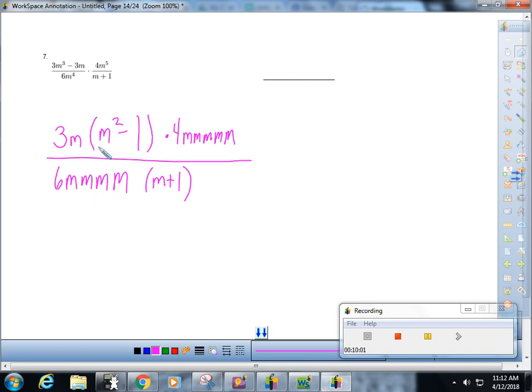This is called a difference of squares. Two numbers that multiply to be -1 and add to be 0. What is that? It's m plus 1 times m minus 1. Do you remember that? Do you see that? So there, I've factored that and turned it into that.